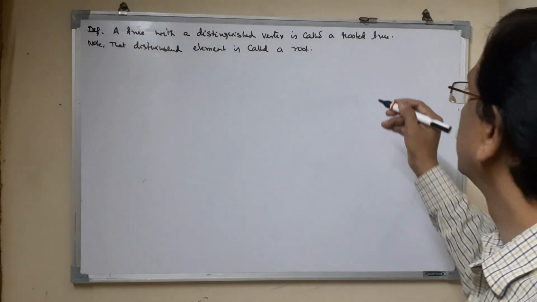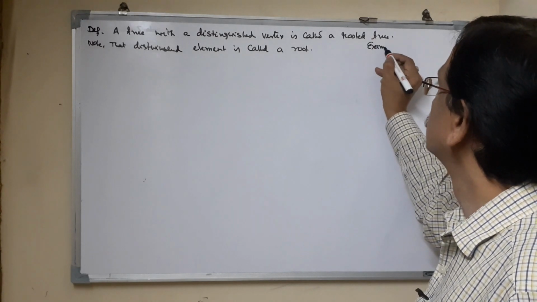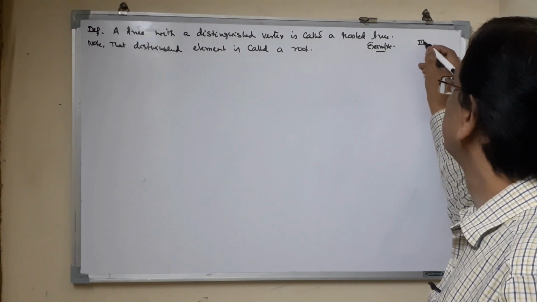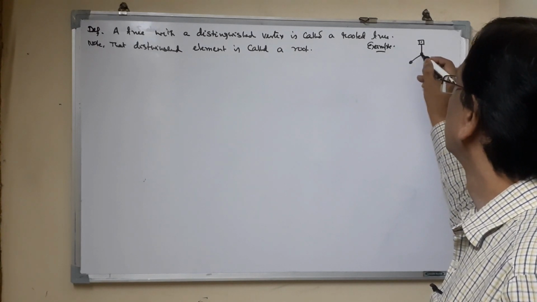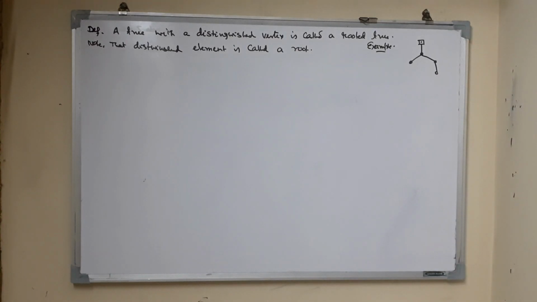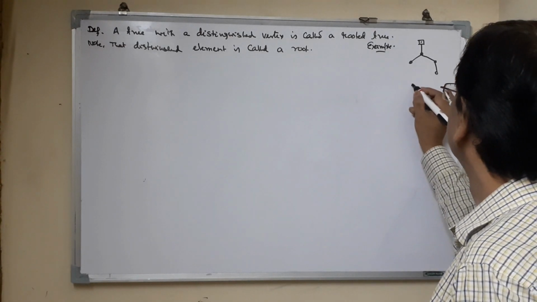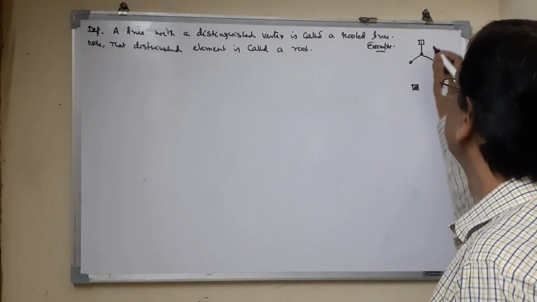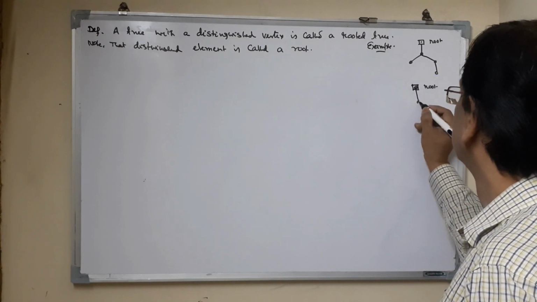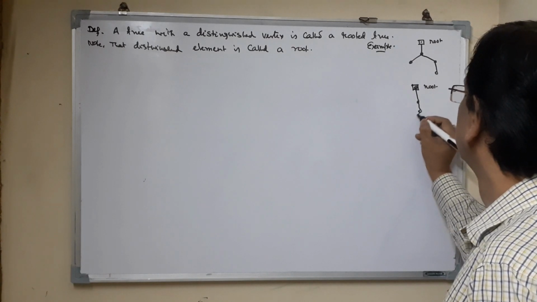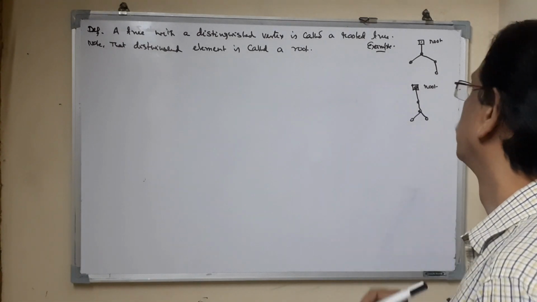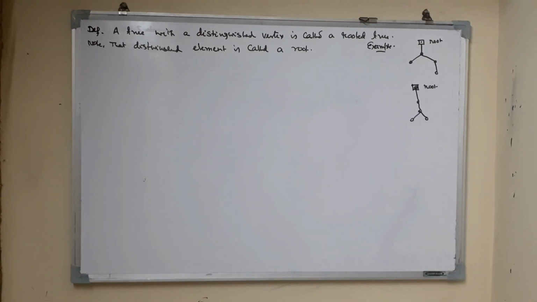We can have an example of a rooted tree. Usually we write the root with a square, not a dot. Similarly, this is a rooted tree, this is the root. So 1, 2, 3, 4, 5. You can write such kinds of rooted trees.